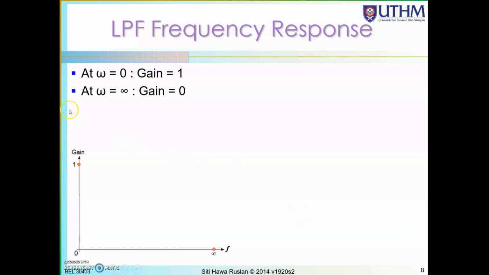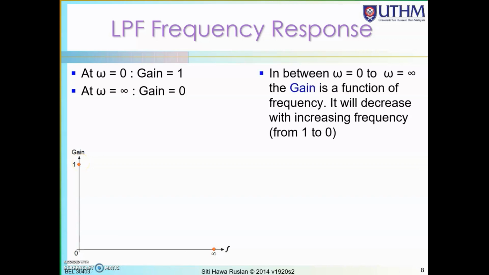At omega 0 we get a gain of 1, the maximum, but at a very high frequency the gain is 0. So what will happen to the gain between frequency 0 and infinity? You will see that the gain retains at 1, but after the cutoff frequency it will be lower, decreasing at the rate of minus 20 dB per decade.